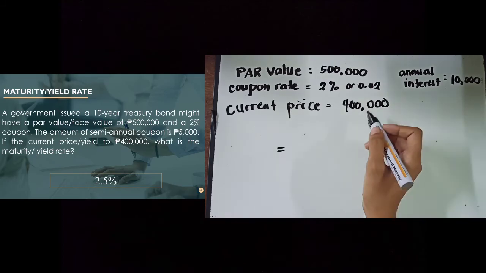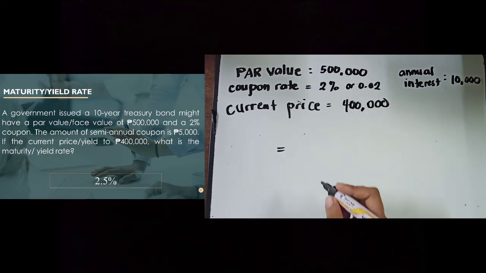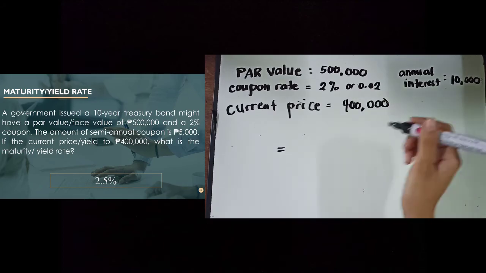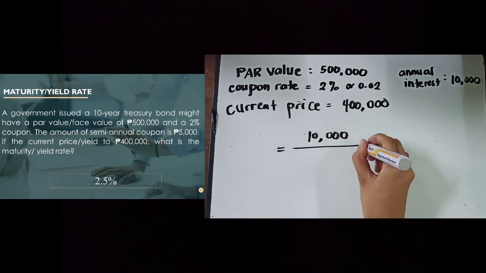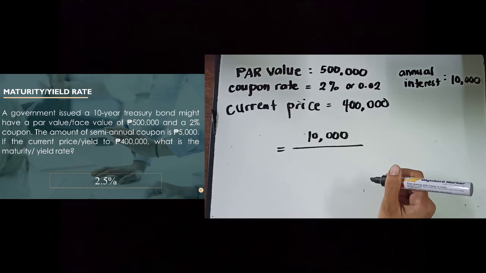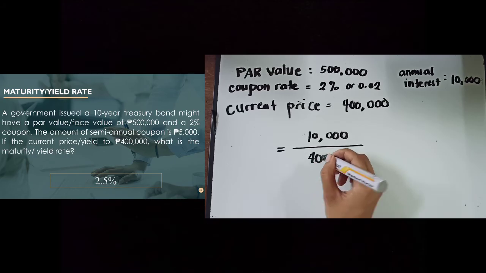Okay, so to solve for the coupon rate or the yield rate, annual interest, which is 10,000 pesos, divided by the present value, which is 400,000.